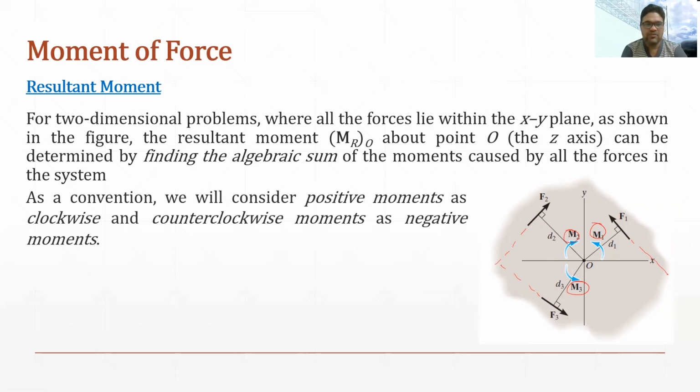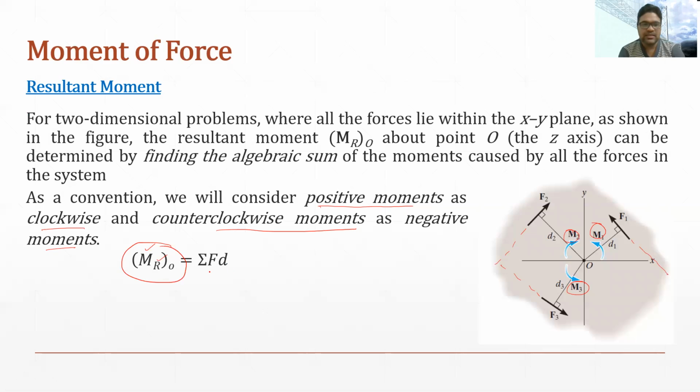So there also I have written, in the sign convention, we will consider positive moments as the clockwise moment, and counterclockwise moment will be considered as the negative moment. So now if we want to find out the resultant moment, the resultant moment representation is like this. So M is the moment, R is the resultant, and O is the point about which we are going to find out the moment.